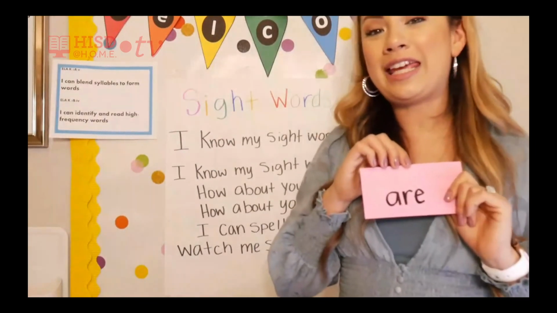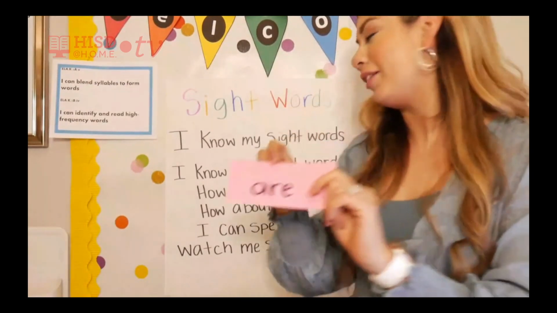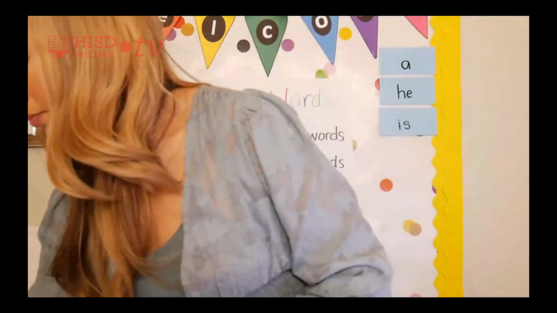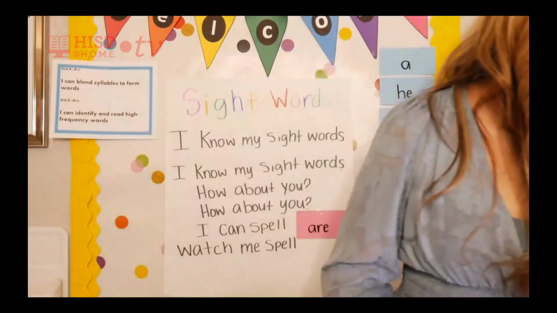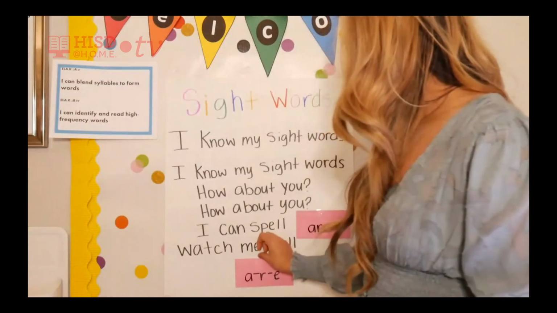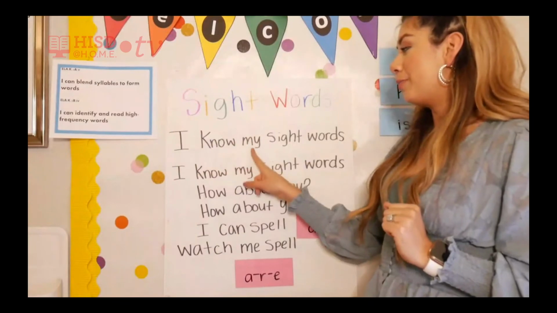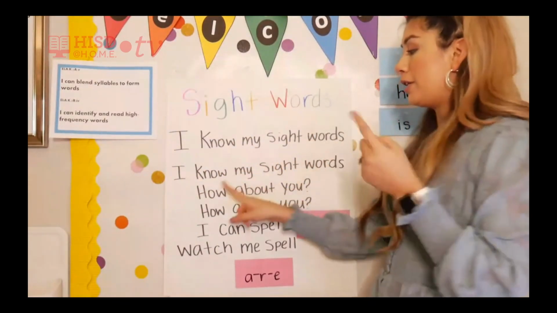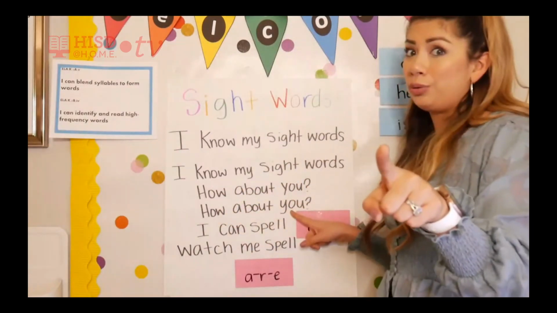The next sight word is are. Let's try it with are. Ready? Here we go. I know my sight words. I know my sight words. How about you? How about you?